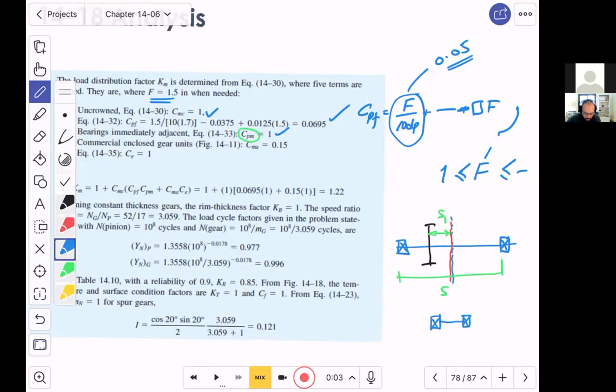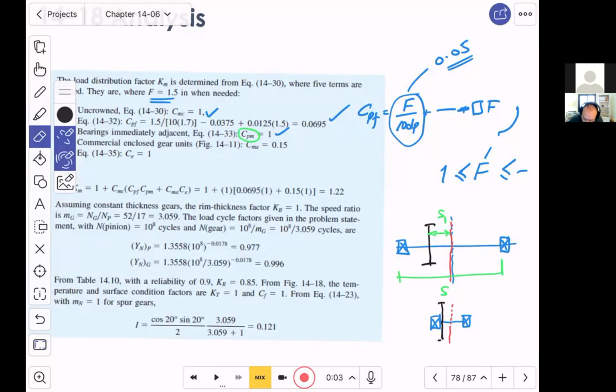Now, I want to tell you one thing. If the center line, the midspan, is here, what are the chances that the gear is here? Even if you try to do that, physically it's not possible. The gear has a width, so most likely the gear will be much closer to the midspan than you think.